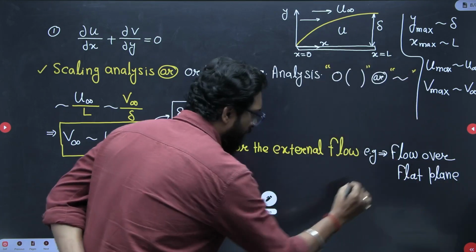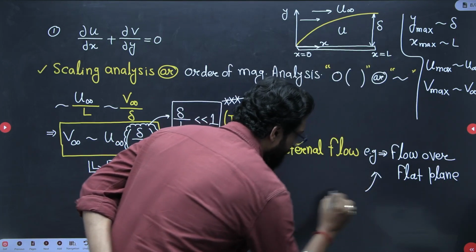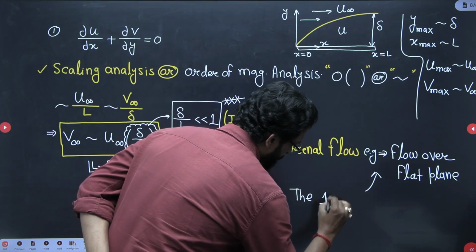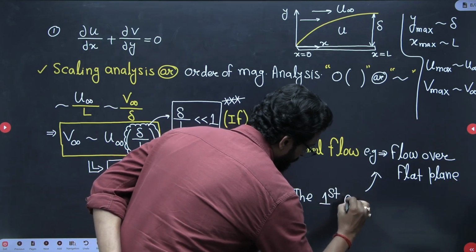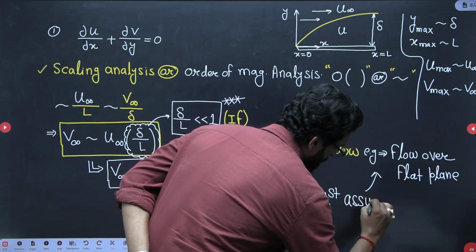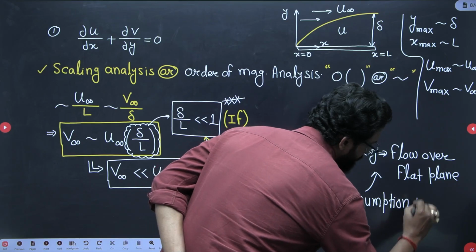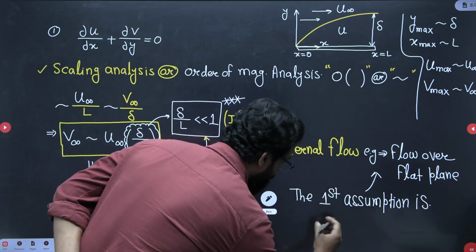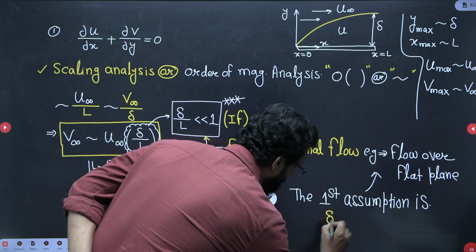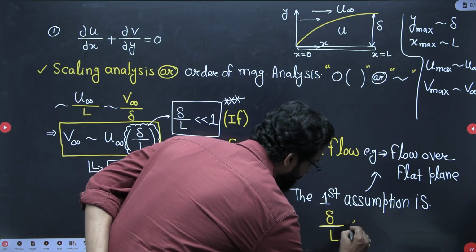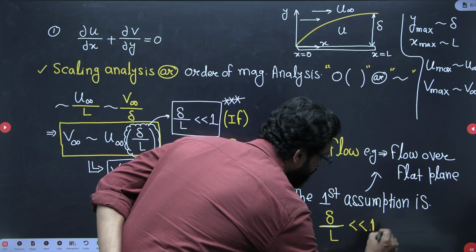The first assumption is very important: delta, the boundary layer thickness, divided by the length of the plate is much less than 1. This is the first assumption.